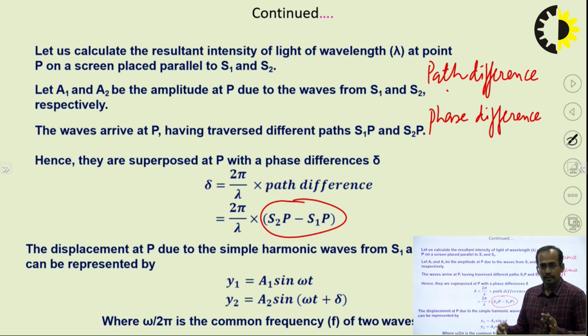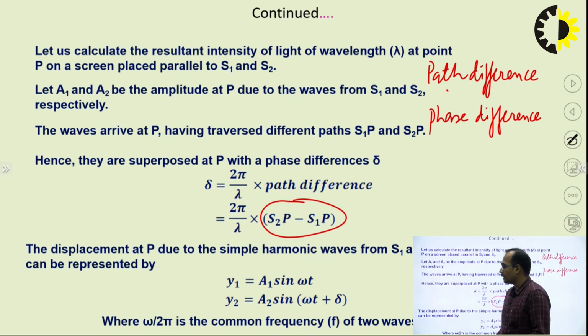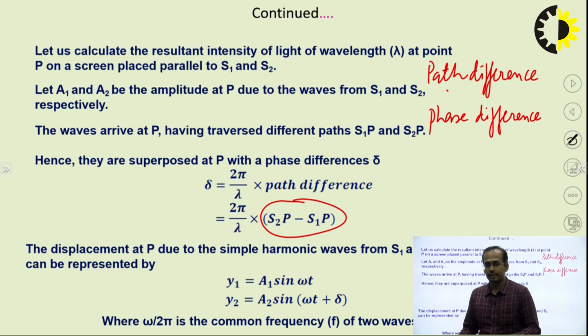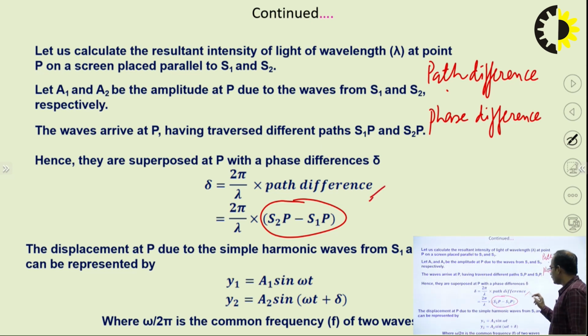How will you find the phase difference? Phase difference is nothing but 2 pi by lambda into path difference. This is the standard formula.